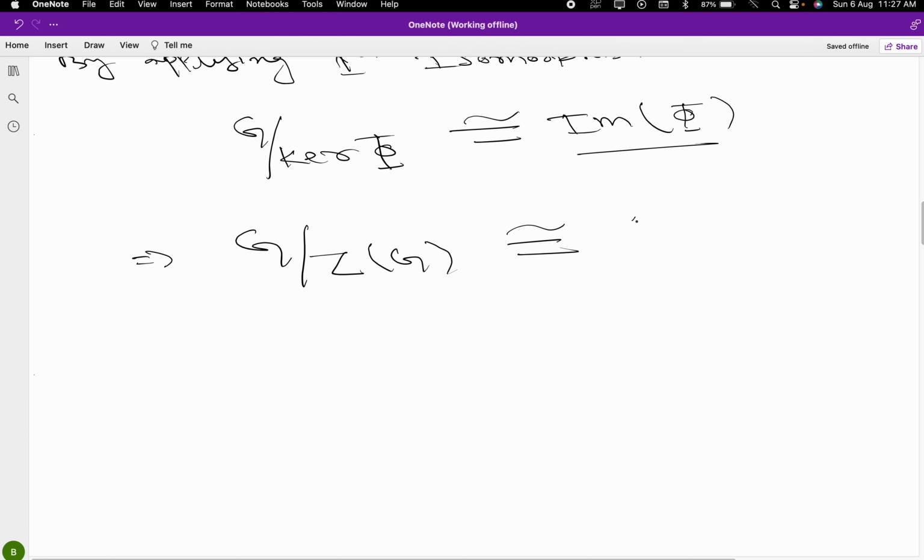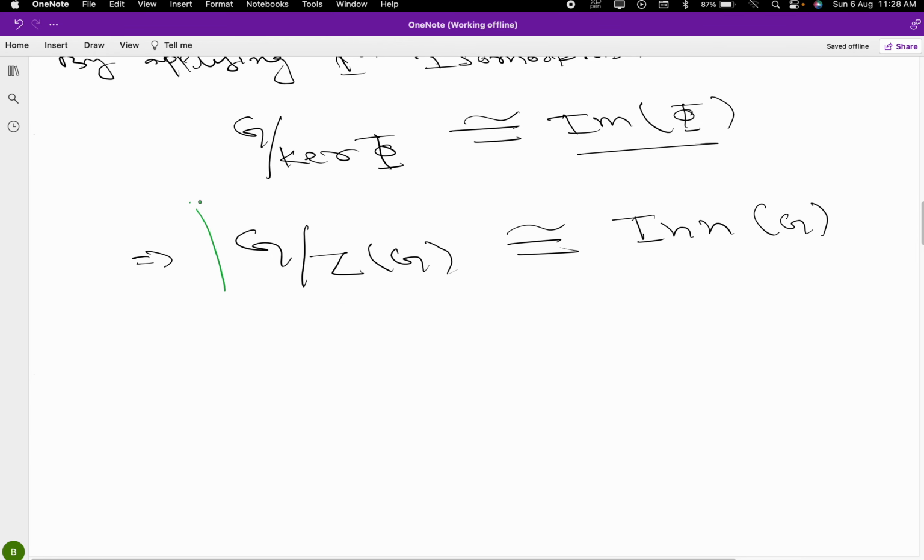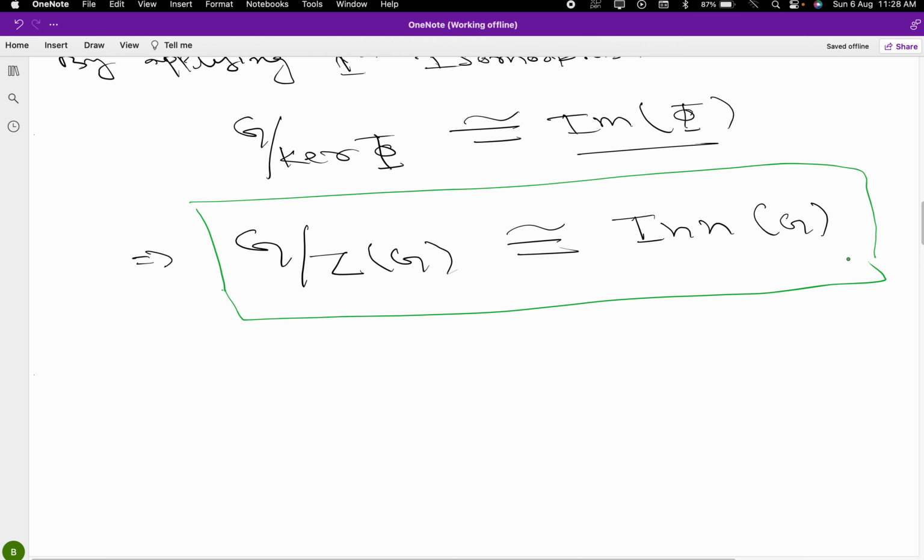Okay, so the proof is done, right? So for any group G, G by Z(G) is isomorphic to the inner automorphism of G. If you have any group G, and the question says find the inner automorphism of G, you can directly predict it by this relation.